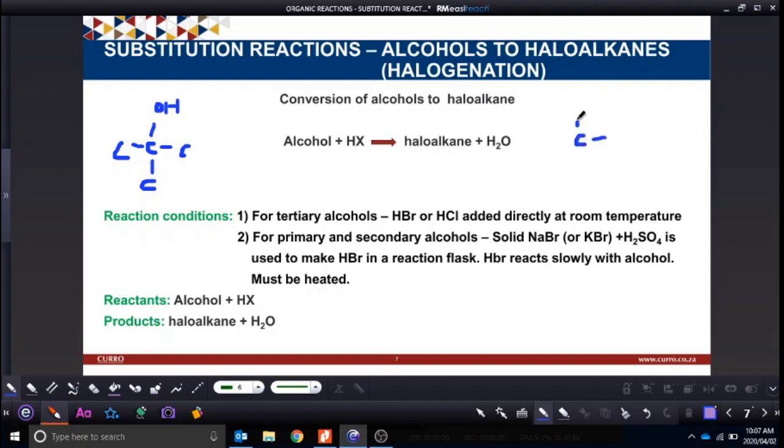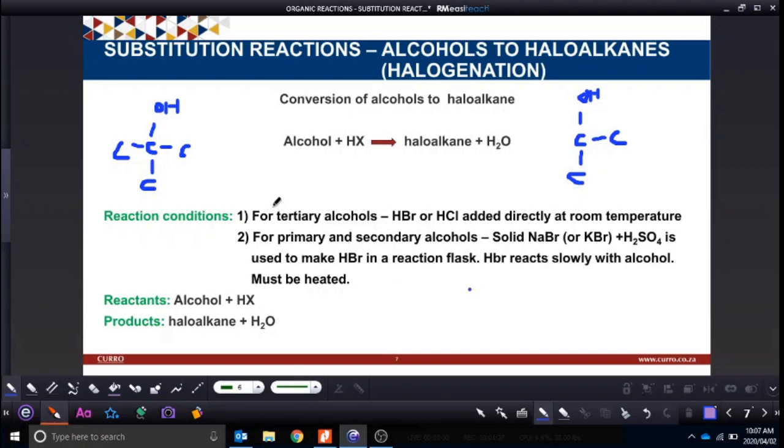For a primary, the carbon of the OH is bonded to one more carbon. So this is primary, and then secondary is when it's bonded to two carbons.